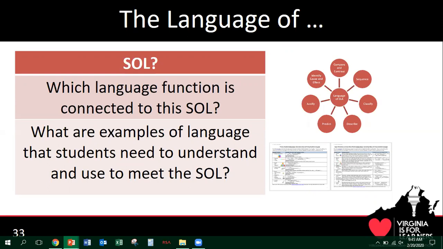And I've just put into a search engine the language of compare and contrast. And there are a number of resources there that can help me think through what are the different language pieces connected, and then thinking about the lesson explicitly, which ones do I want to pull out and have students practice as part of that language objective.